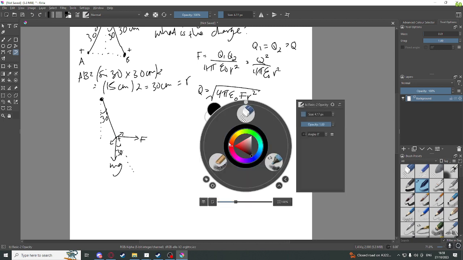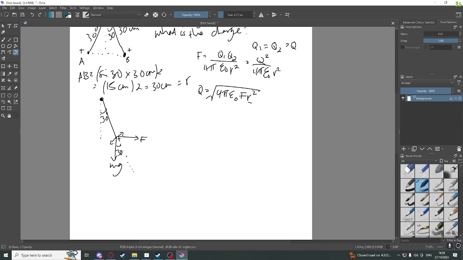If I drew in a different color, it would look like this, 30°, because weight is parallel to this vertical line here.